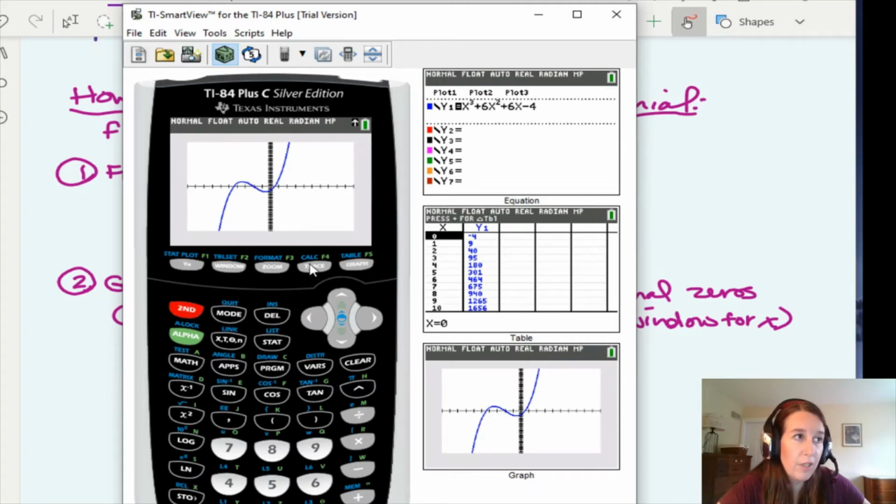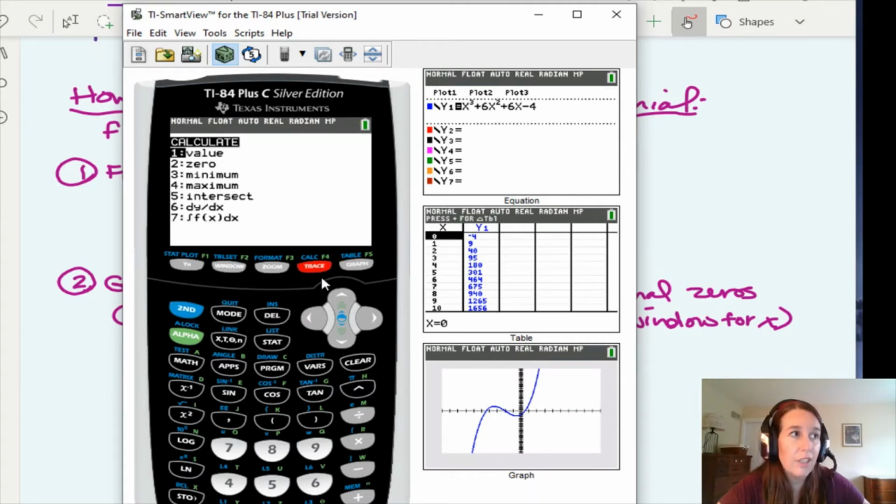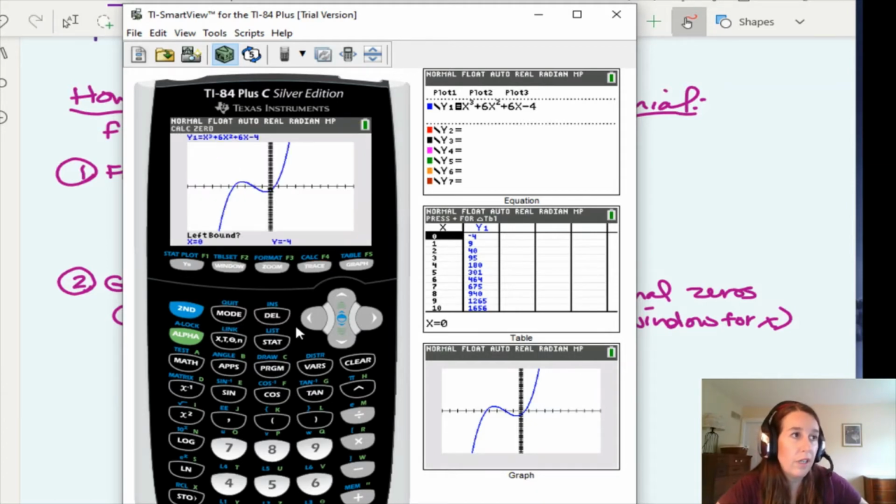But one way we can do that, because we've done this before in our calculator, is to go to the calculate button, so second trace, and then number 2 is zero. Okay, so we're going to have to do our left bound, right bound thing again. So this time we need to go to the left of the 0. So that looks like it's a little bit above the 0, but it's also to the left of it.